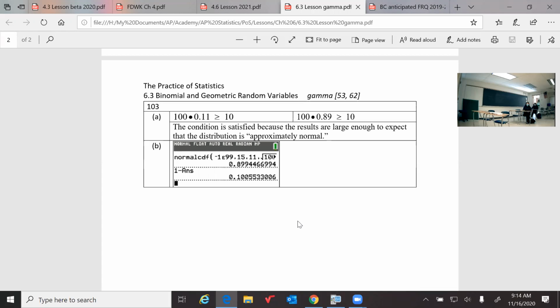Like 11% of 100 is 11, which is very close to 10. And then the probability when we did the problem discretely was 13%, and when we did the problem continuously, it was 10%. If you had a larger sample size, those numbers would be closer together. Okay?